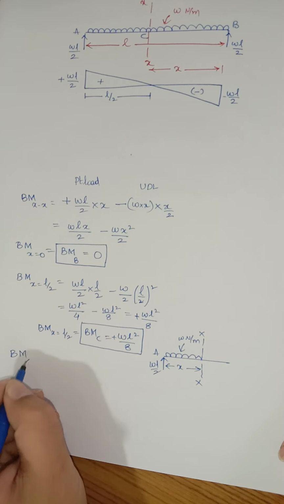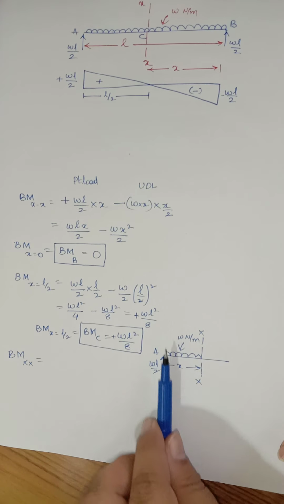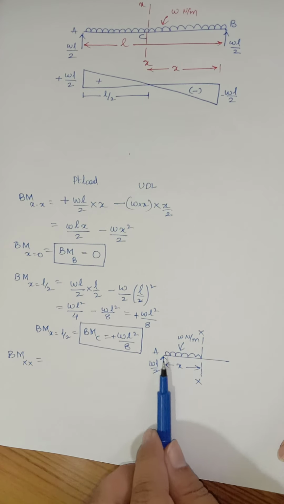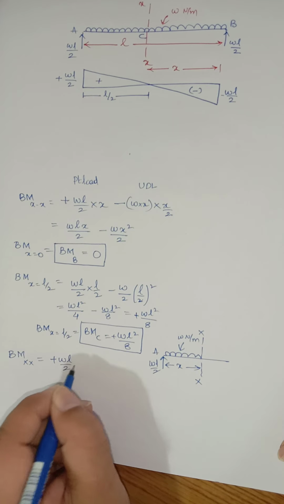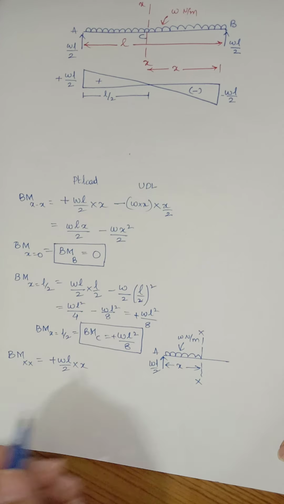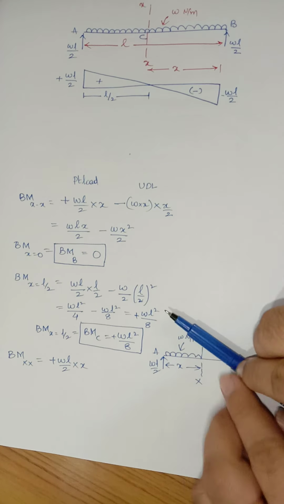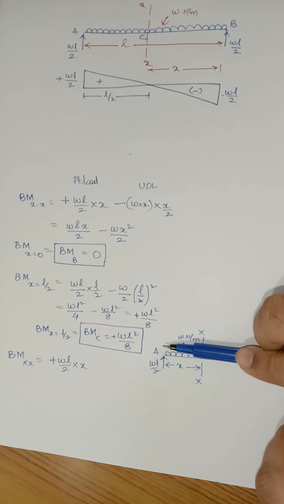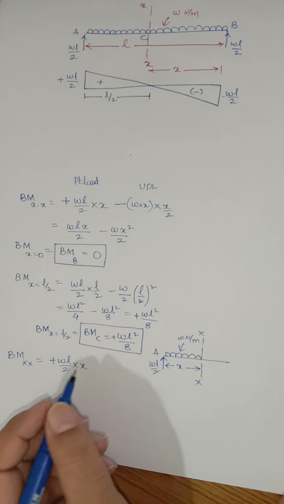Bending moment at any section XX will be equal to, see, this WL by 2 is trying to push the beam in the upward direction, creating some positive bending moment. So I'll take WL by 2 multiplied by x, force multiplied by perpendicular distance. Next, W Newton per meter is trying to bend the beam in the downward direction. Hence, for this it will be negative.